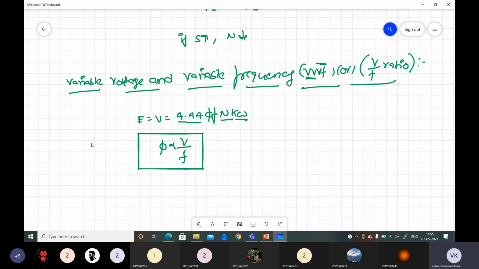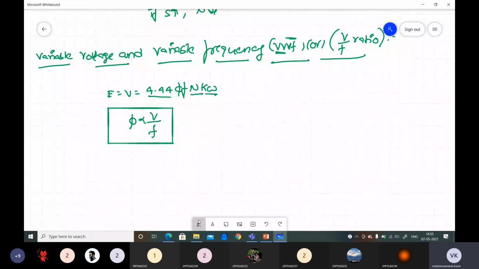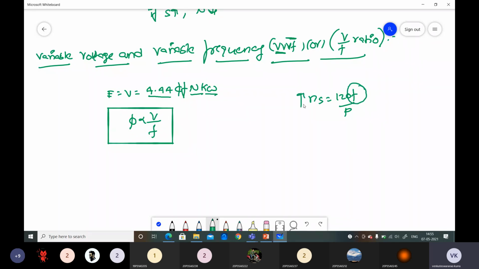Suppose in an induction motor you want to change the speed. Because Ns equals 120 F by P, by changing the frequency we can change the synchronous speed. But the disadvantage of changing frequency alone is this: if you increase the frequency to increase the synchronous speed, what happens?